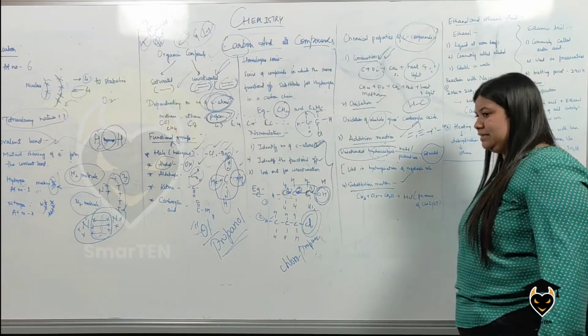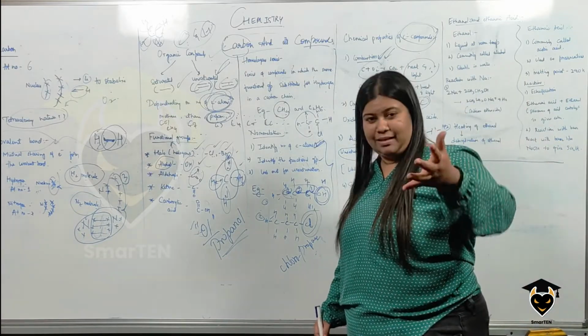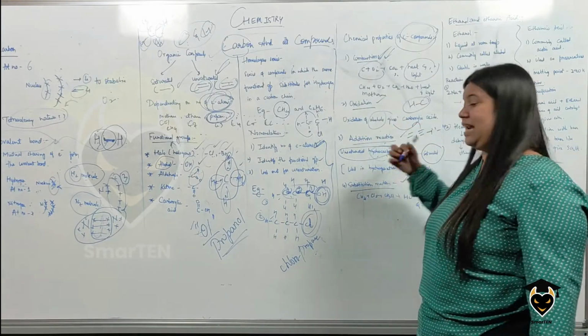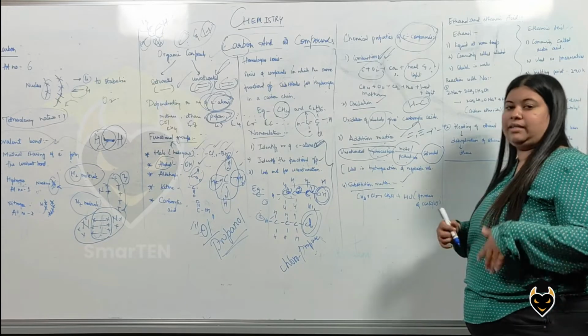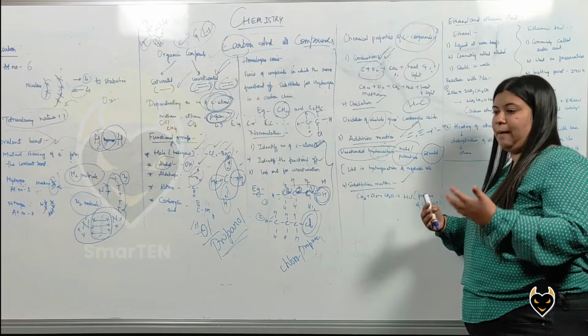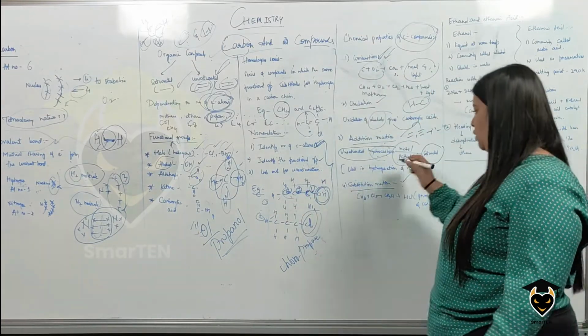Now, what are catalysts? Catalysts are chemicals which increase the rate of the reaction, meaning they increase the speed. Like if it is happening in 10 seconds, it will be reduced to 20 seconds or 30 seconds. That is the role of the catalyst here.